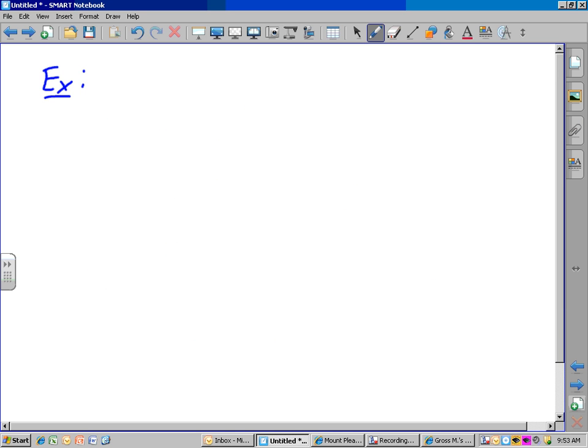Example. Write an equation of a sine function.